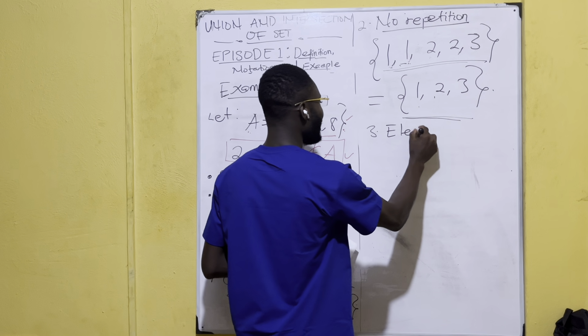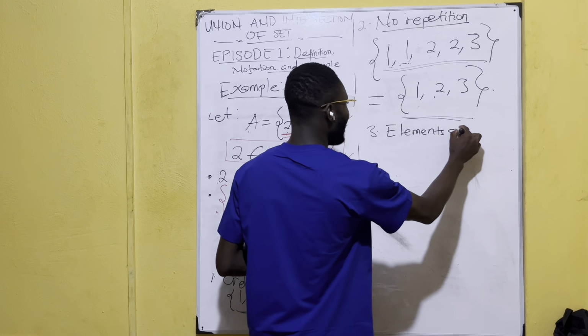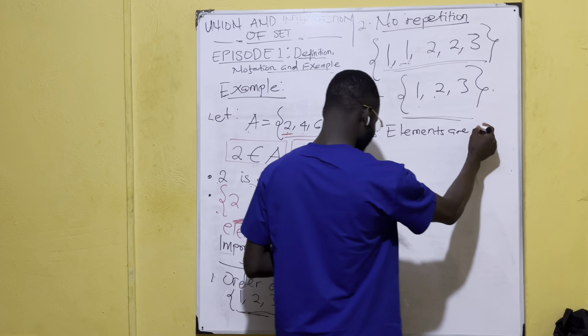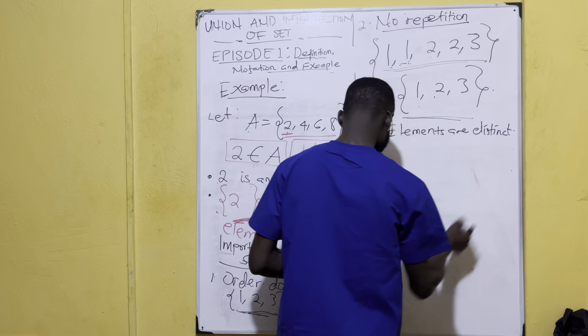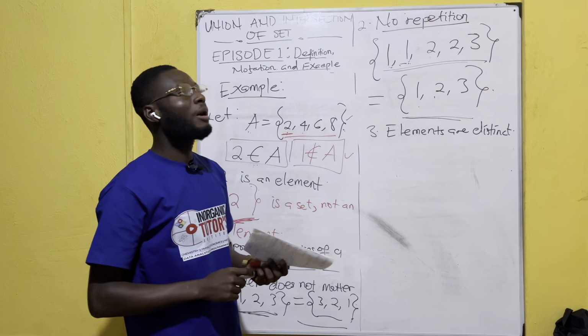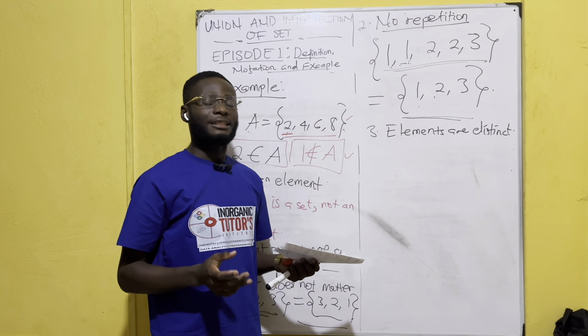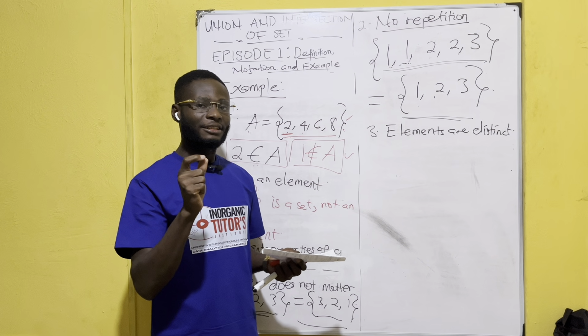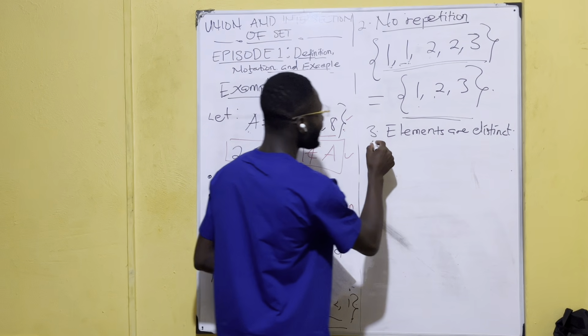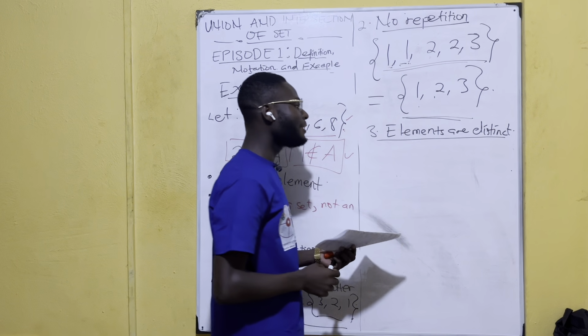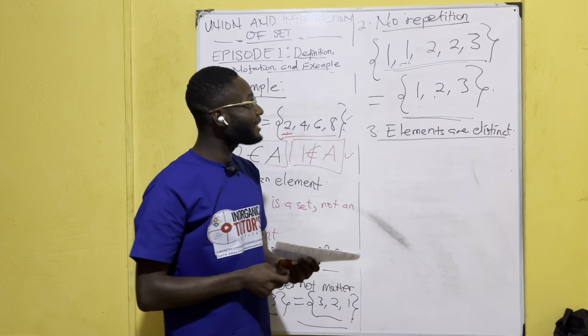The third key property is elements are distinct. And when we talk about distinct, you have to understand the word distinct. So the third property is that elements are distinct.